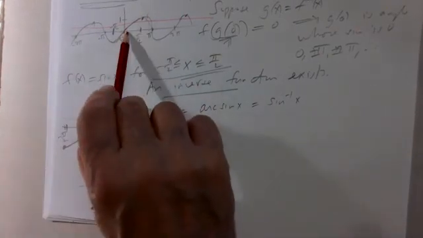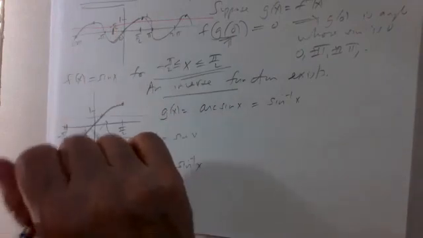So this graph fails the horizontal line test, but this graph passes it. If we only look at the domain of the sine from minus pi over 2 to pi over 2, a value of y is taken on at most one time. Sometimes it's taken on 0 times, but at most one time.